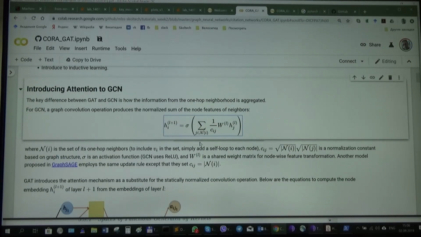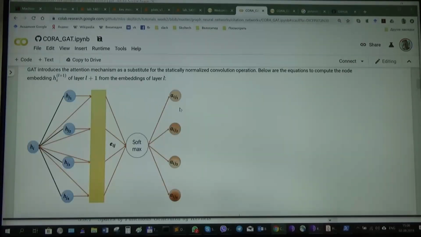So yeah, effectively, we compute first generation of hidden activations of the nodes.